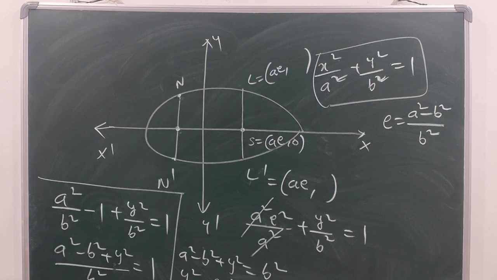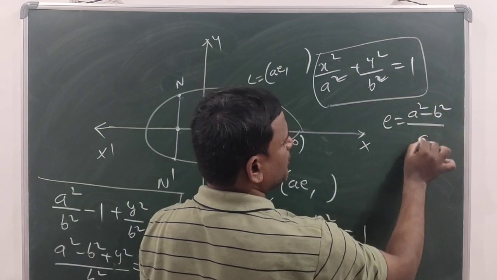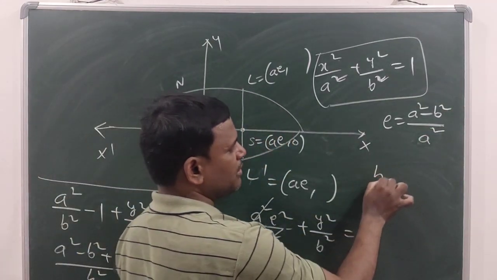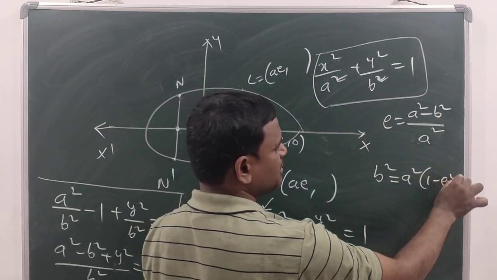Okay, I think somewhere we are making a mistake. Where is it? Here we made the mistake. Here we got a square, not b square. Okay, so this relation we got now. Just now we have seen b square is equal to a square times (1 minus e square).